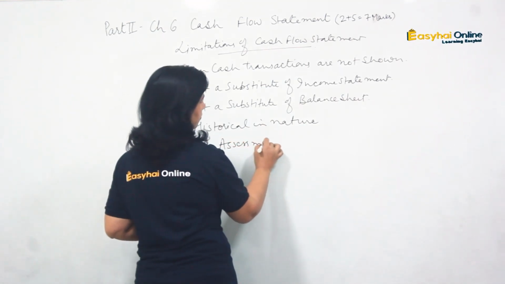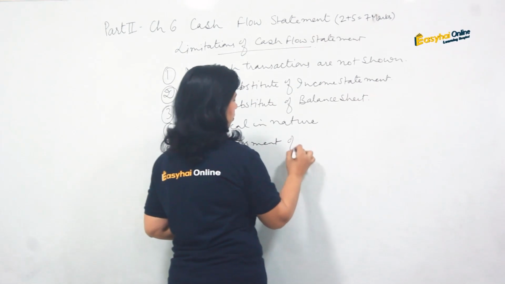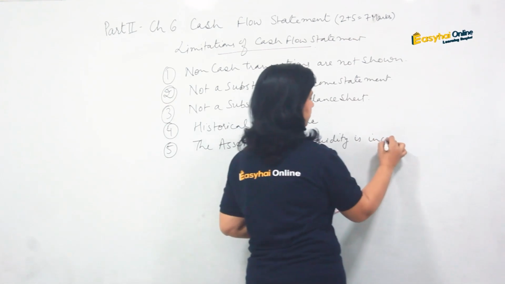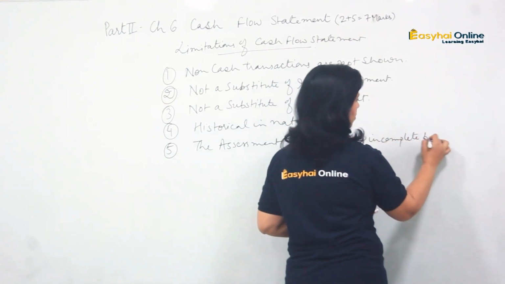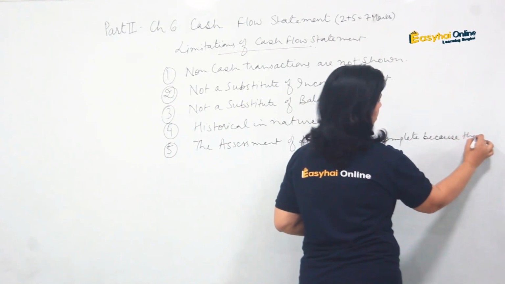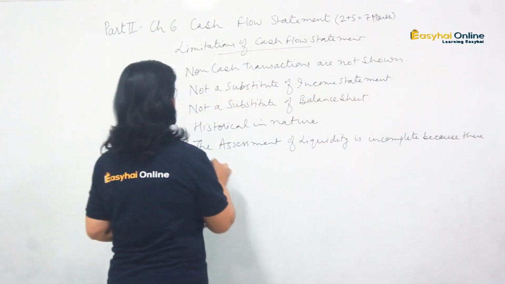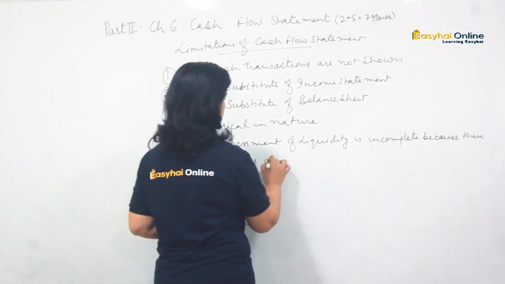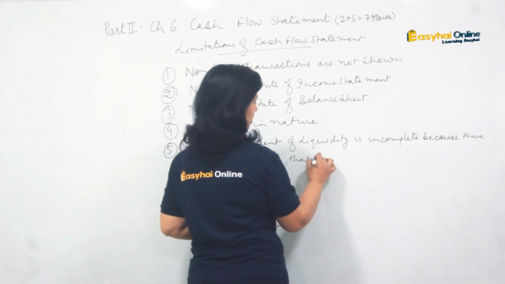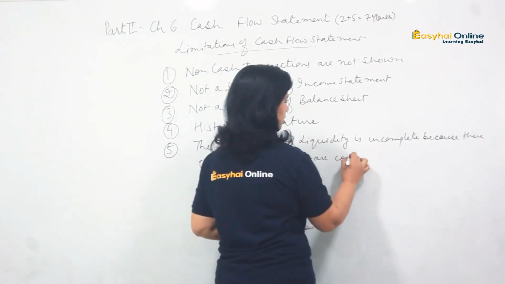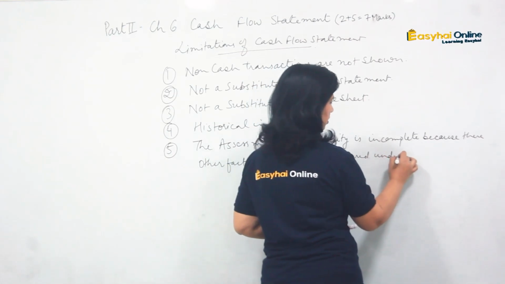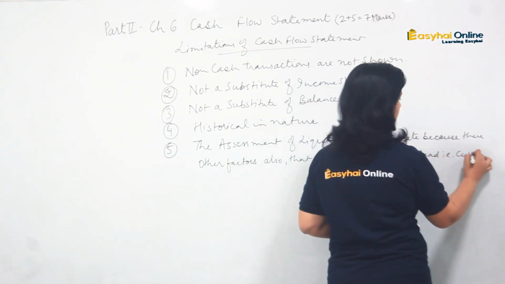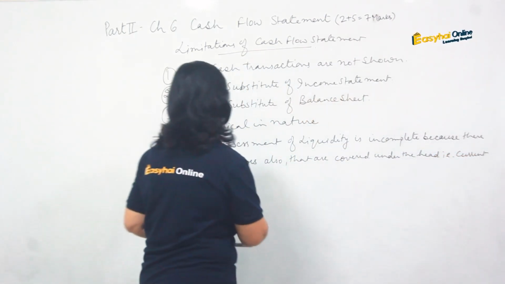Okay, so that again goes against the cash flow statement and becomes a limitation of it, that the assessment of liquidity is incomplete because there are other factors also that are covered under the head of current assets and current liabilities.